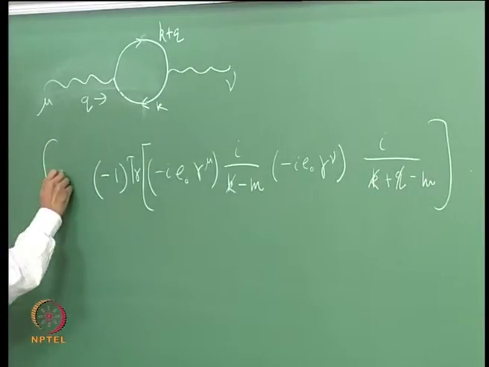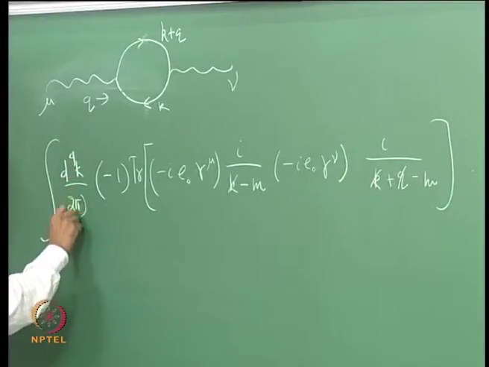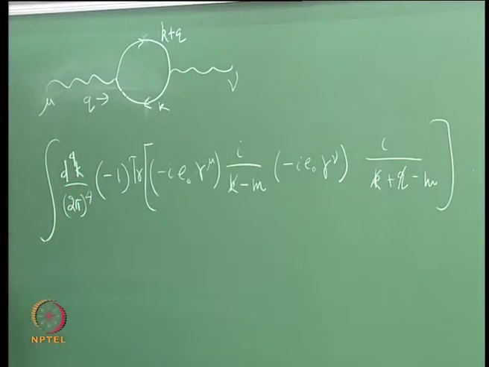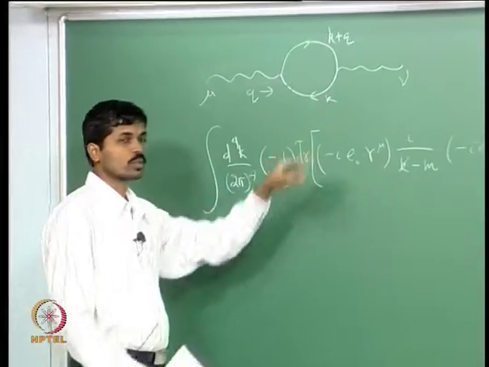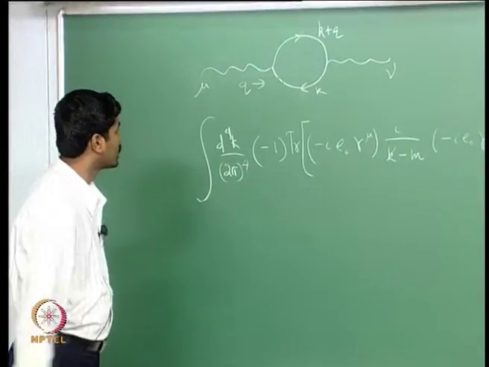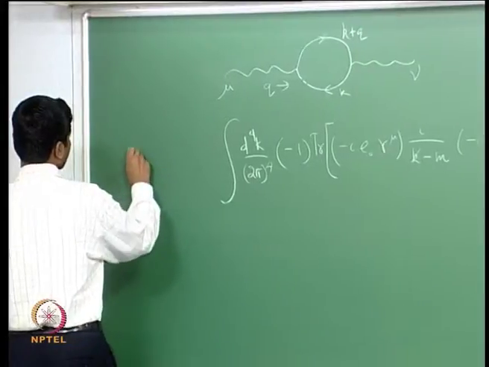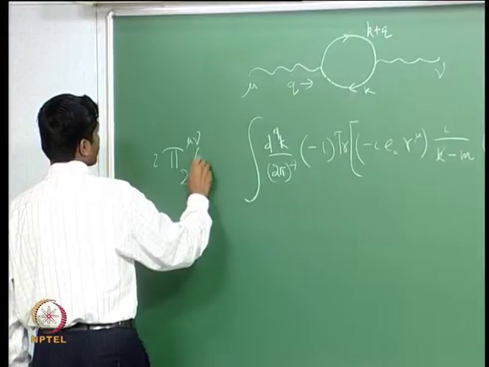So, you have d^4k divided by (2 pi)^4 and this. So, this is what you will get from a closed fermion loop like this. I will denote this to be i pi_2 mu nu of q.